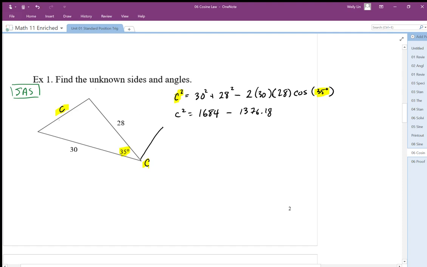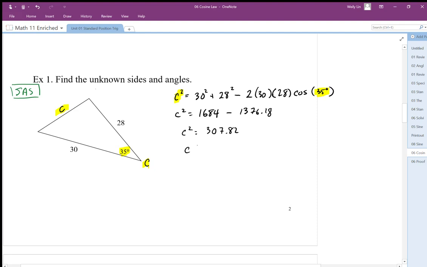because as I go from a 90-degree angle on a longer C side, as the angle shrinks, that cosine should give me a positive and it should take away from the area of C squared, which makes my C side shorter. So my C squared works out to be, when I subtract from 1684, 307.82.